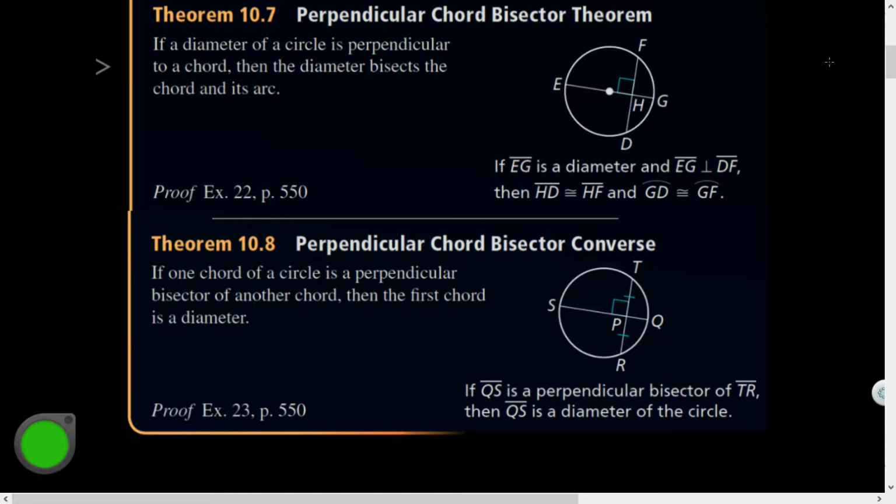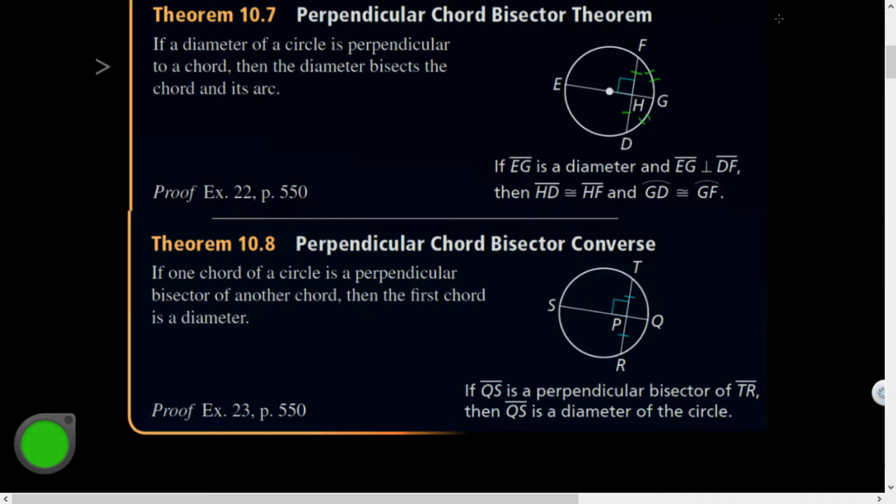All right, perpendicular chord bisector theorem. If the diameter of a circle, so I know it's a diameter, you see the center plotted there, is perpendicular to a chord, then the diameter bisects the chord and its arc.